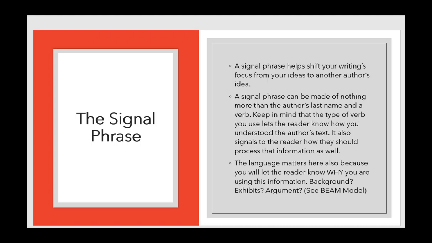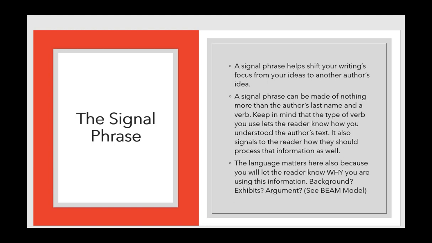But some of the verbs that come to mind as I engage in this lecture are things like argues, contends, underscores, highlights. Depending on what the author does in their writing, that's what you should be communicating to your reader. So if, let's say, you are responding to a particular text and the author is in fact making a claim, you might say something like the author claims.